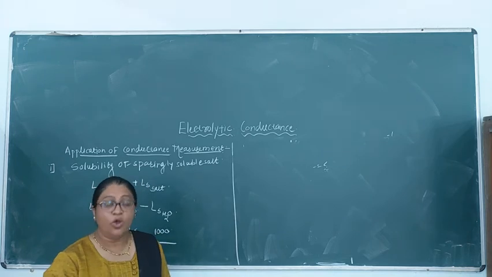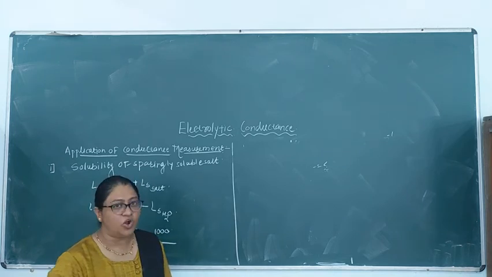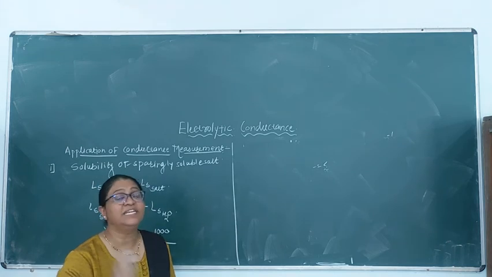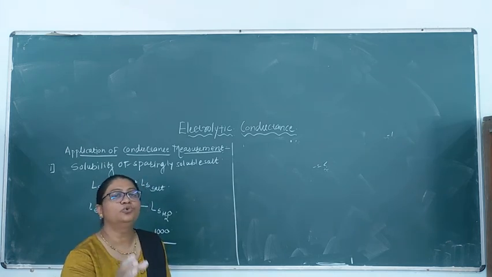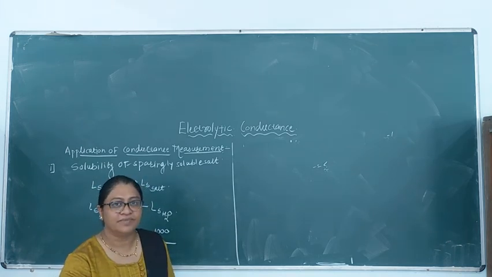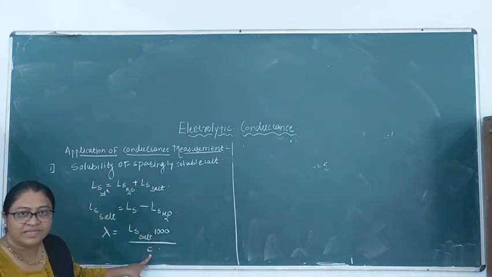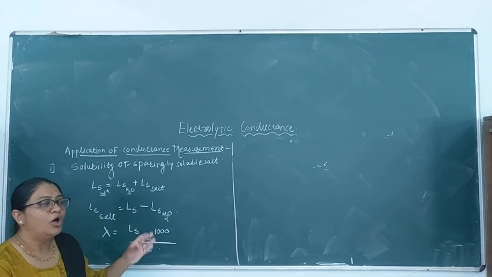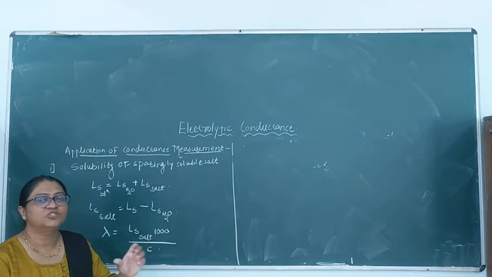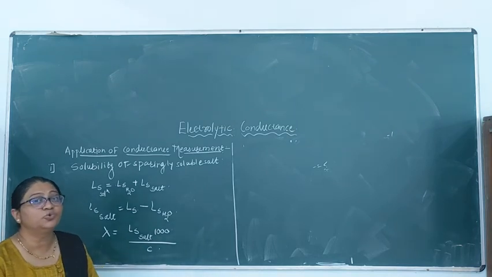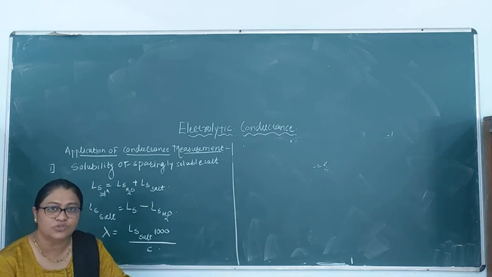That means, for the sparingly soluble salt, its conductivity will obviously be due to the ions formed. And the concentration that we will consider here is the concentration of that salt which is responsible for giving conductivity to the solution.